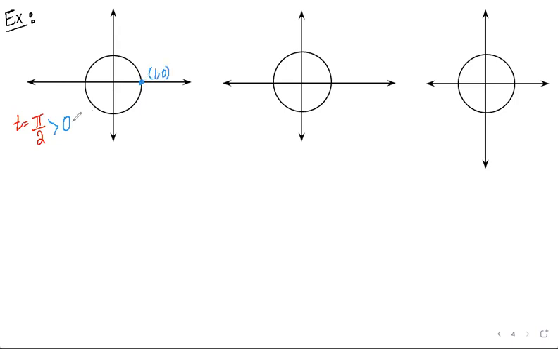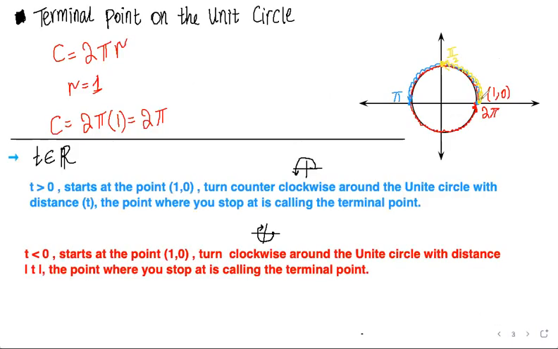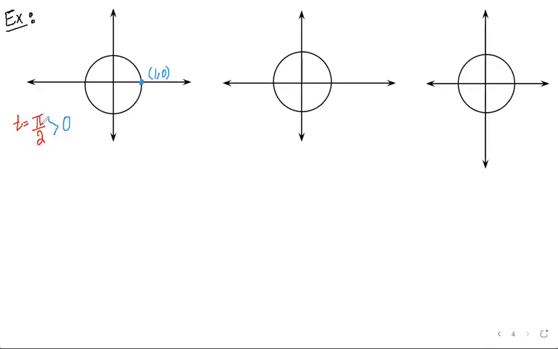Move around this circle for distance pi over 2, starting from this point up to this point. And it's positive, this means we have to move counterclockwise like this. Because it's positive, I start from this point, moving around the unit circle up to here.